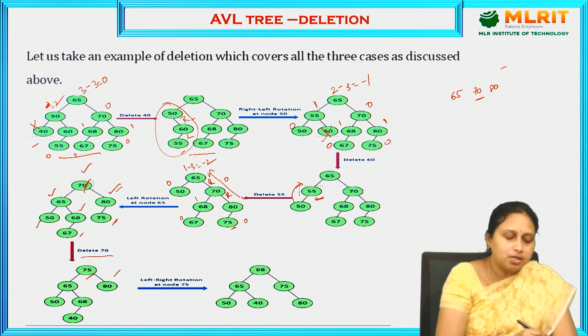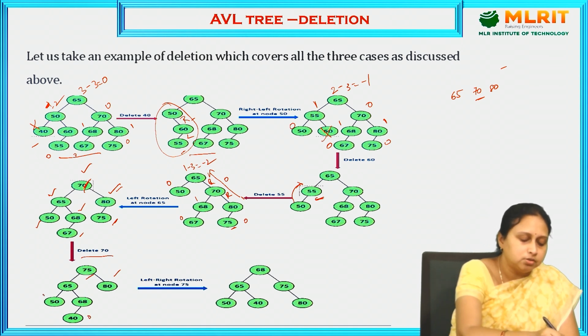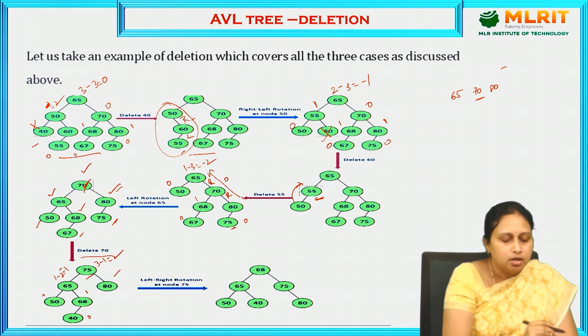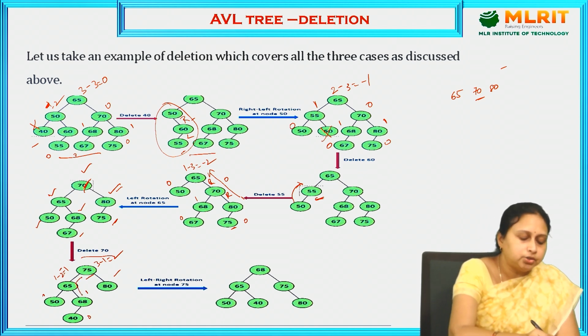Now, after replacing, check the balance factor. This is 0, this is 0, this is 1. This is 1 minus 2, which is minus 1. And this is 3 minus 1, which is 2. This is imbalanced, so we need to perform the rotation.